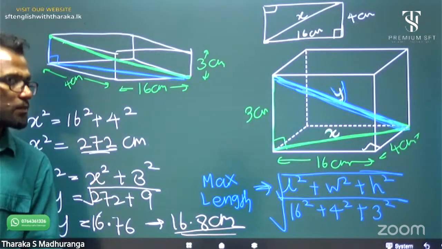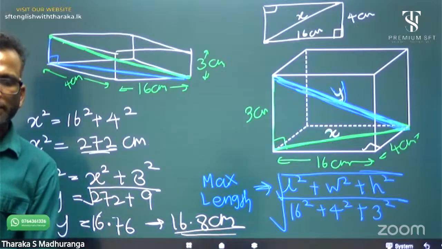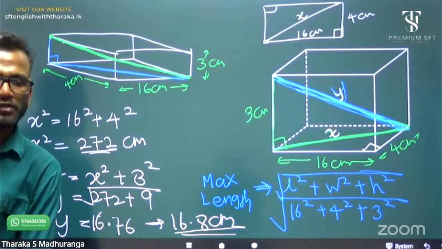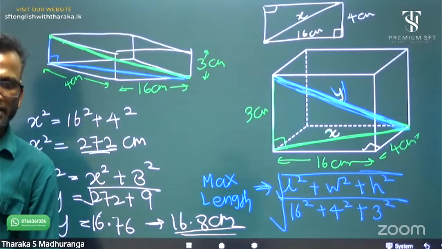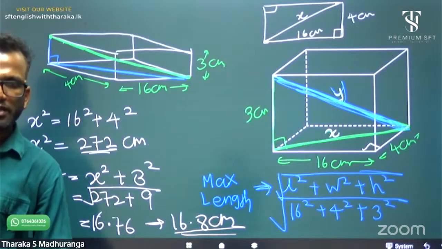Complete. Note down the short method. The maximum length of any box. How to calculate? Length squared plus width squared plus height squared. Square root. Remember the square root.